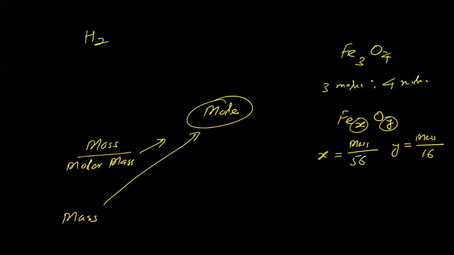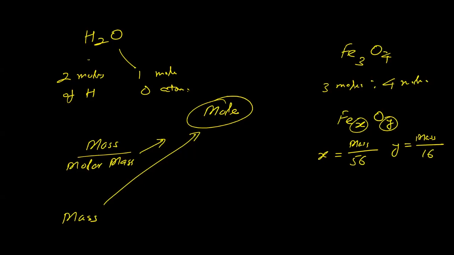If it is H2O, and I consider it as AXBY, then X is 2, Y is 1. It means I have 2 moles of hydrogen atoms and 1 mole of oxygen.